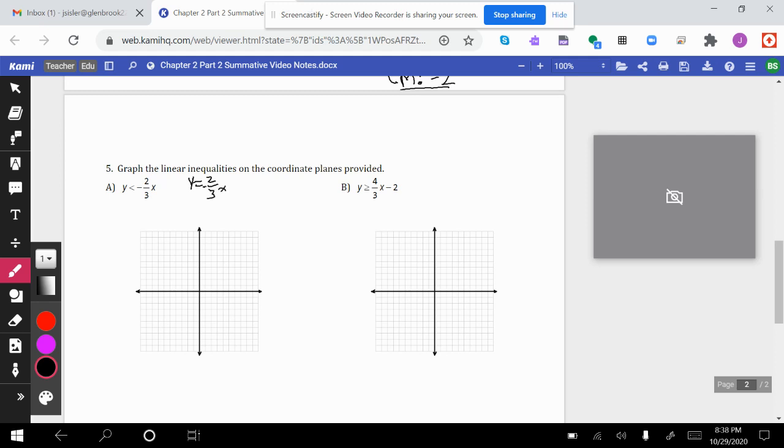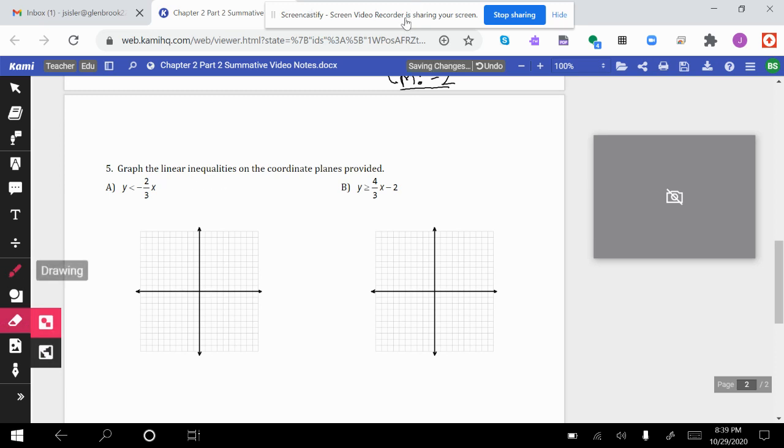Just be sure that when you go back and plug in, you change your sign. I think when some of us see the less than sign or the less than or equal to sign, it tends to throw us off. But this is the same process that you've used in graphing before.